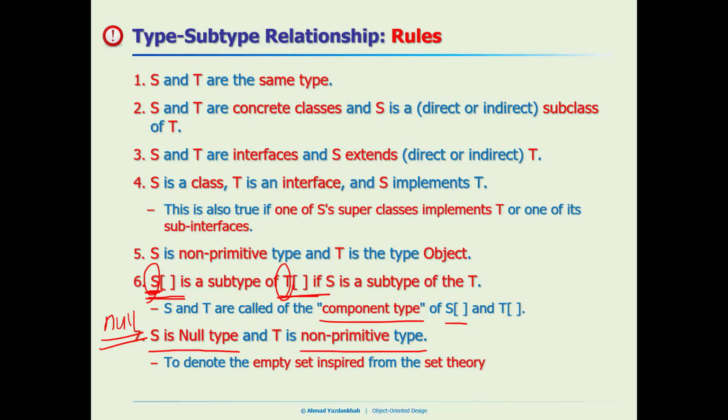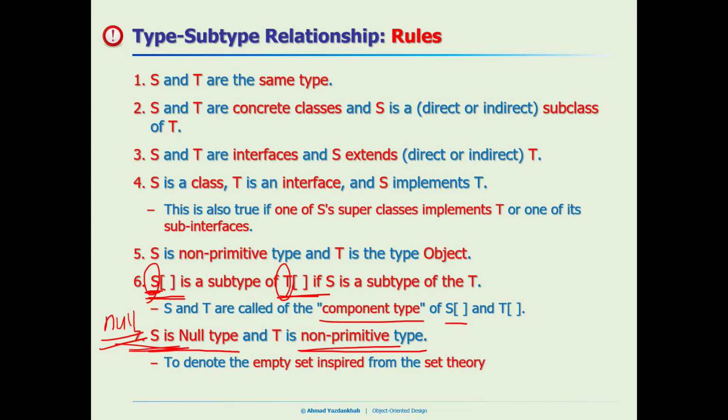That's why we can pass or assign null to every non-primitive type, because of the polymorphic relationship. So that's why we are saying that null is the subtype of all of them.